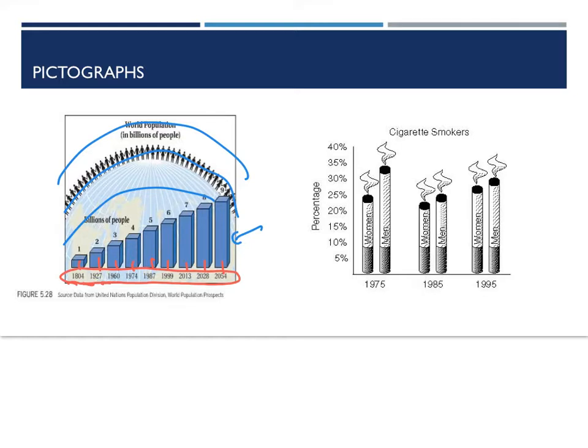So if I examine the x-axis down here, we go from 1804 to 1927. That's something like 123 years, right? So that scale from one tick mark to the next was 123 years.